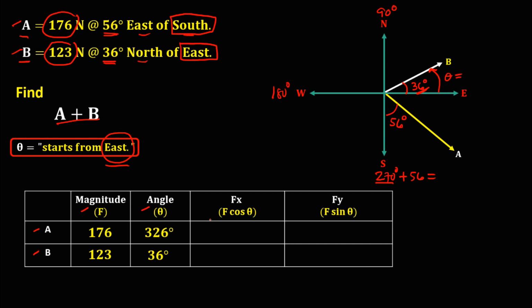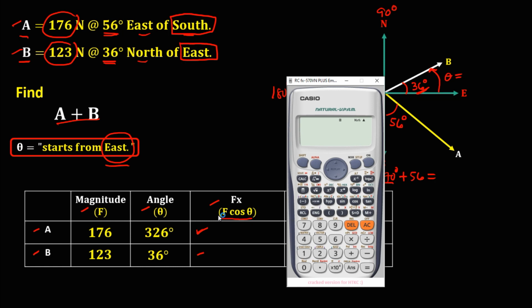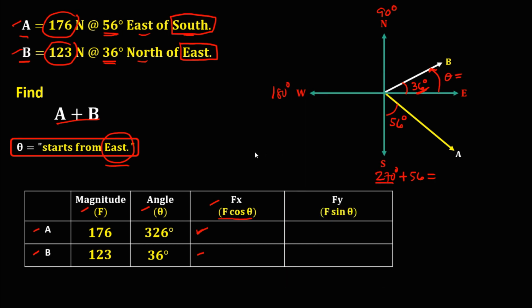Then we can now find the x components for vector A and vector B using this formula. For vector A, the x component, we have the magnitude, 176, times cosine theta, cosine 326, equals 145.9106.